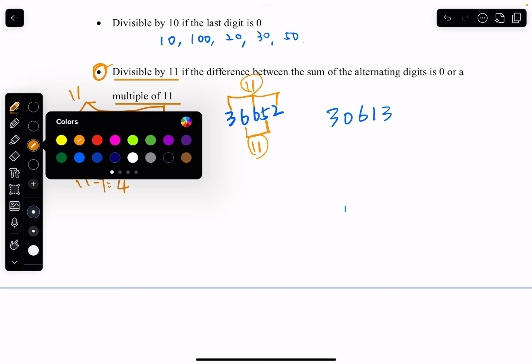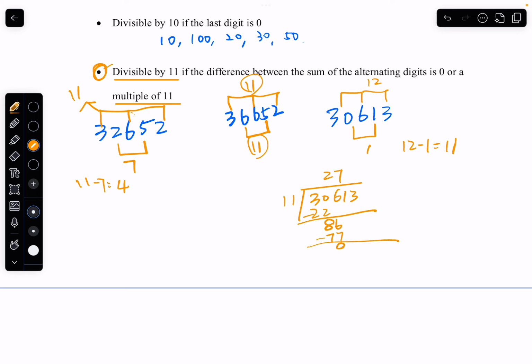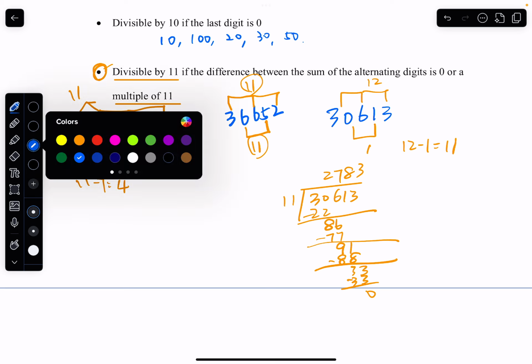Do you find that? 3 plus 6 plus 3 is 12. 0 plus 1 is 1. 12 take away 1 is 11. So this number should be a multiple of 11. We tried: 30613 divided by 11, 2, 22, 86, 77, 91, 88, 33, 3. Done. Therefore, 30613 is a multiple of 11.